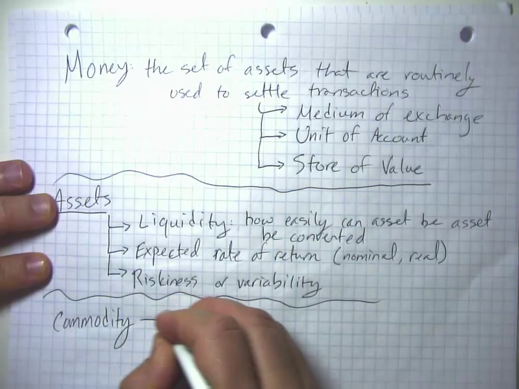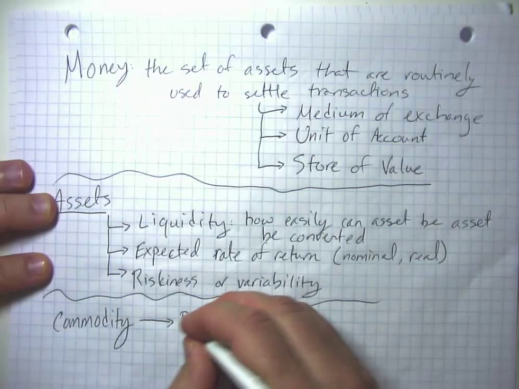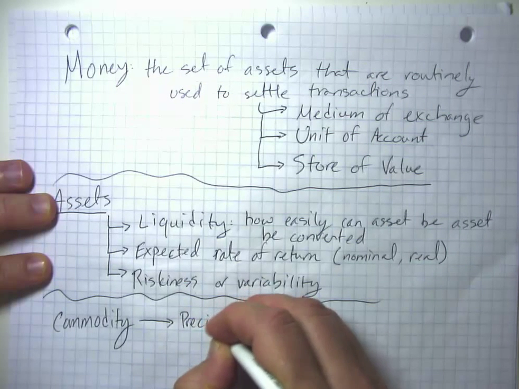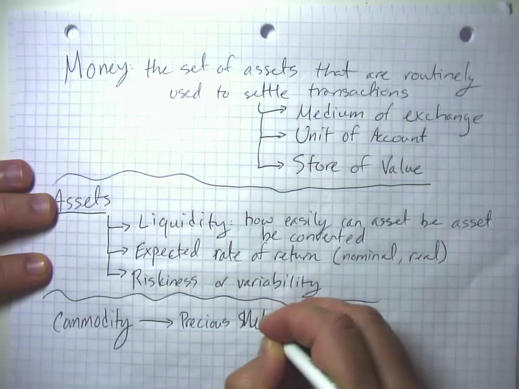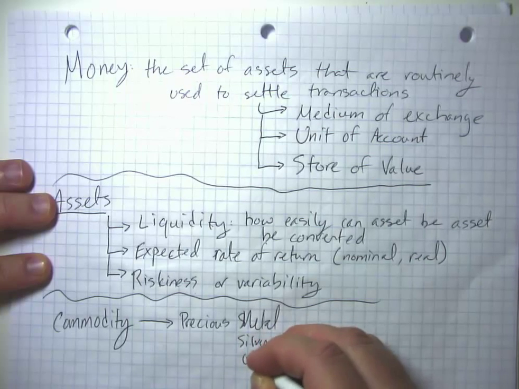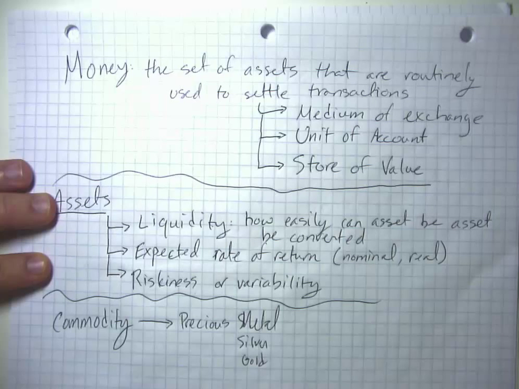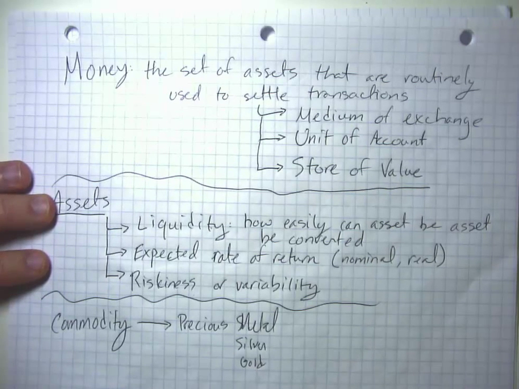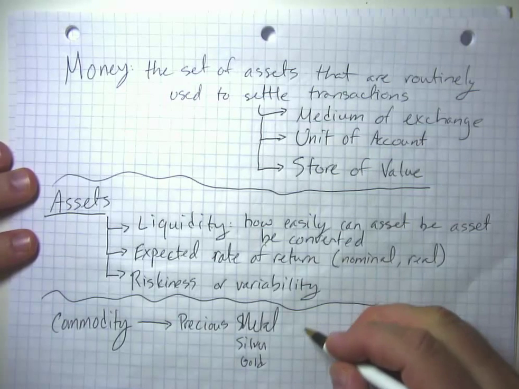After a while, most societies then fixate on a particular type of commodity, a precious metal, silver or gold typically. Some societies were more fixated on silver in East Asia. Gold was the more common currency in Western Europe, but more or less the same idea.